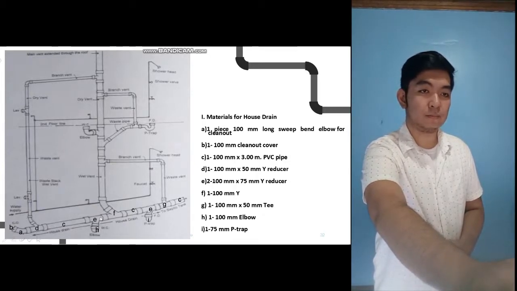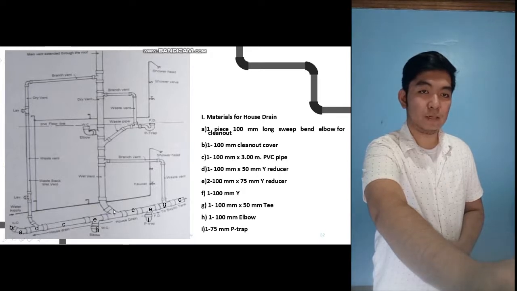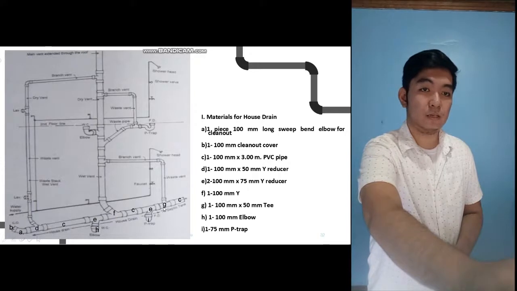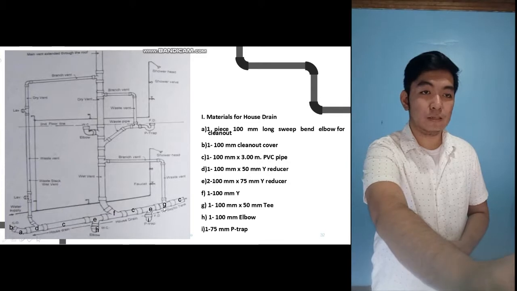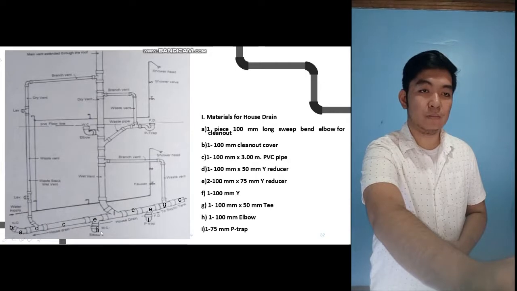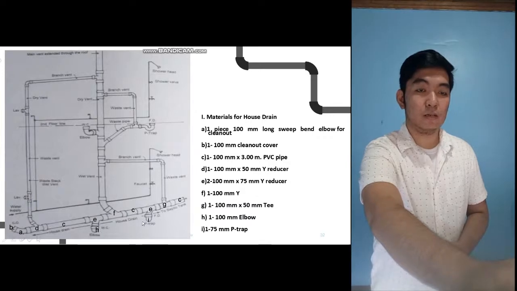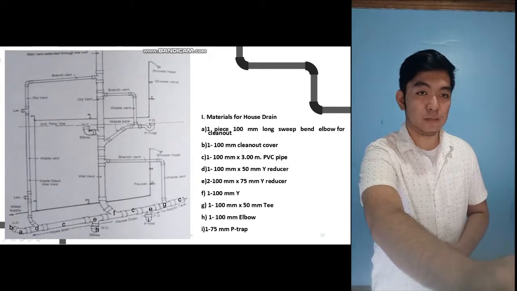Kaning E, kani dira siya letter E. F is for isa ka buok na 100 mm na Y, kani dako na Y. G is kaning isa ka buok na 100 mm by 50 mm na T, kani dire. H is isa ka buok na 100 mm na elbow, kani kada elbow na siya. And lastly is the 75 mm P-trap. P-trap na siya to.